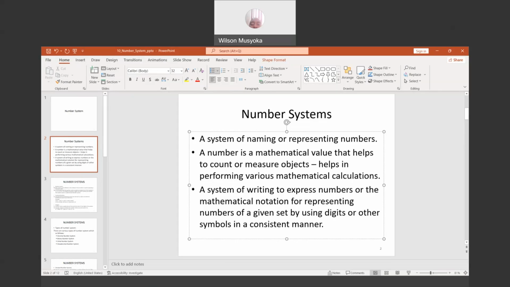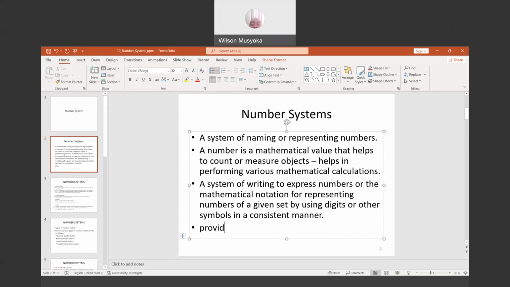So it needs to provide a unique representation of every number, and it represents the arithmetic and algebraic structure of figures.